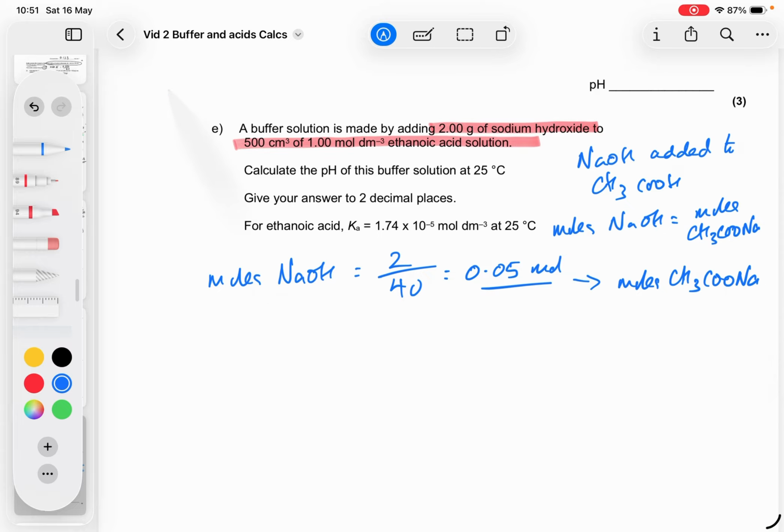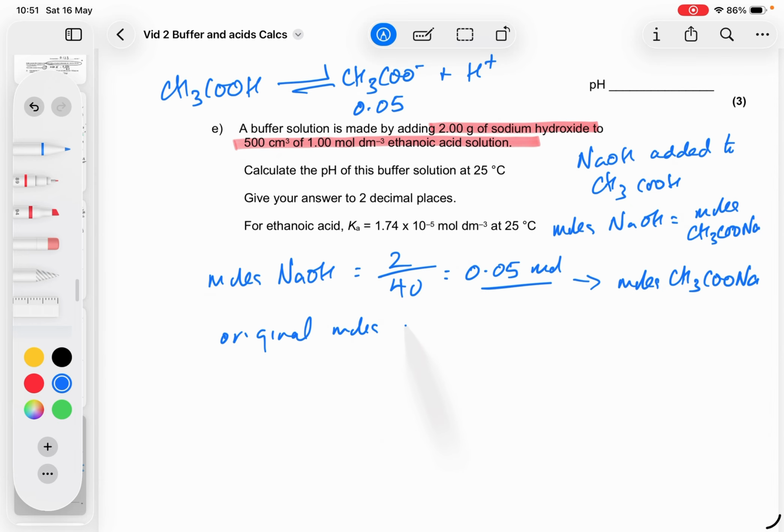That becomes the moles of the salt. At this stage, you've got to be able to know your equation for buffer. So that moles becomes 0.05. Now, what about the original moles of ethanoic acid? Remember, moles is concentration times volume: 1 times 500 over 1000, which is 0.5 mole.